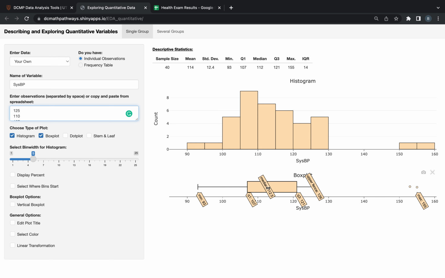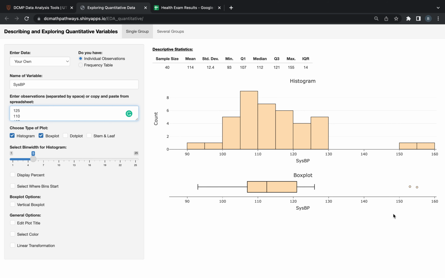The median is in the middle. The bottom 25% would be less than 107, the bottom 75% would be below 121, and then you have your min and your max. So this would make that five-number summary. And the outliers are appearing up here. Those are our outliers that you can also see in the histogram.